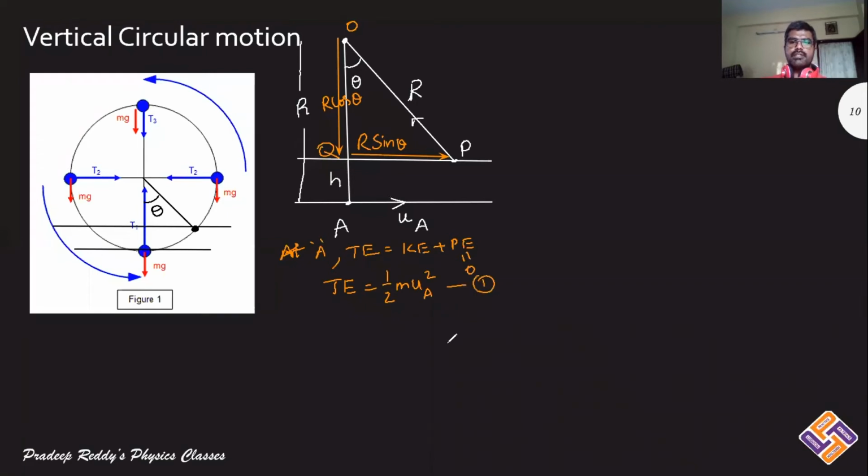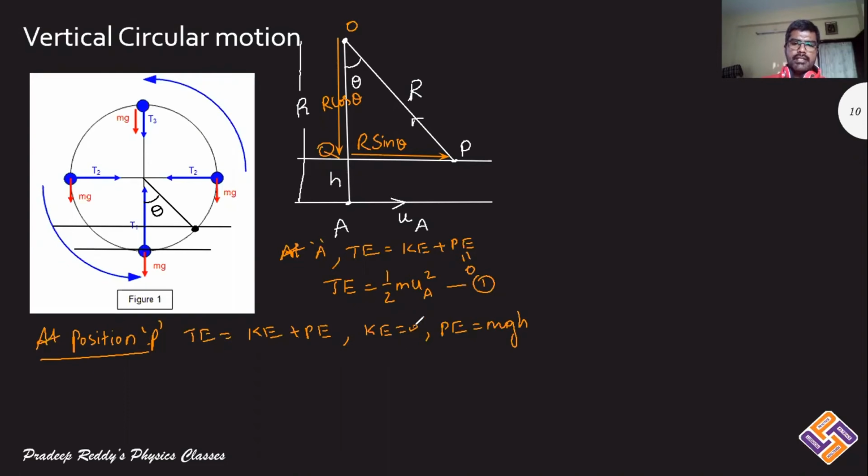Let me take this as equation number 1. Now come to this position P. At position P, total energy is equal to kinetic energy plus potential energy. Kinetic energy is equal to 0 since the velocity magnitude tends to 0 at that position. Only potential energy is there, mg, and it is gaining some height h.